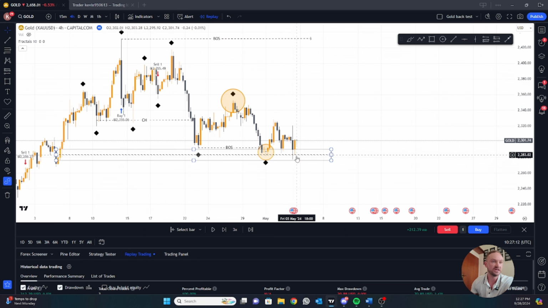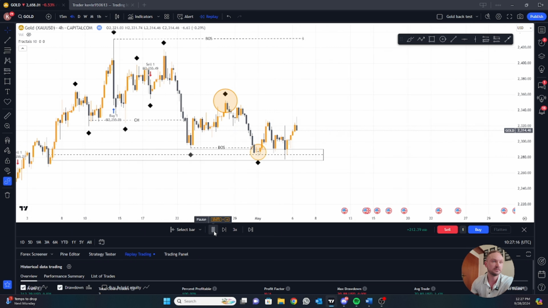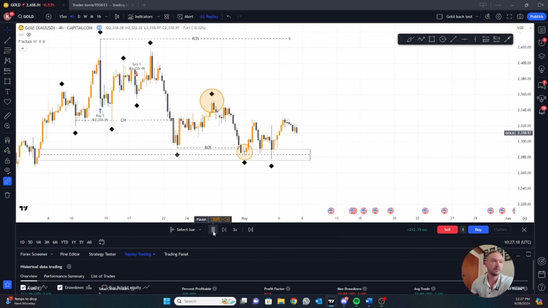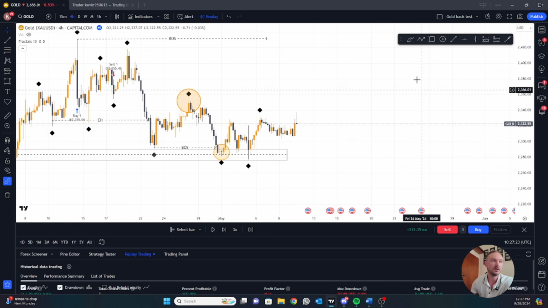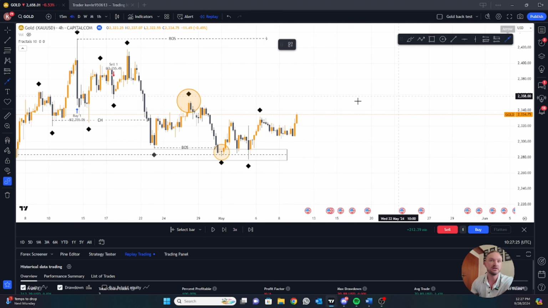Okay, so I need to see us break through again. Let me just draw out our range. So we need to close above and we need to close below. So above is buys, below is sells.